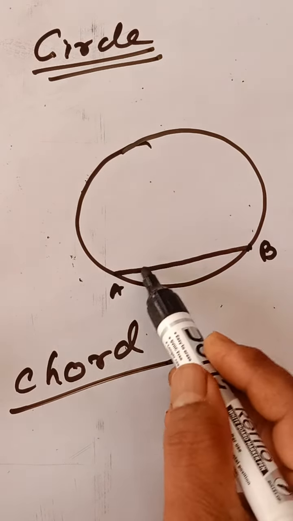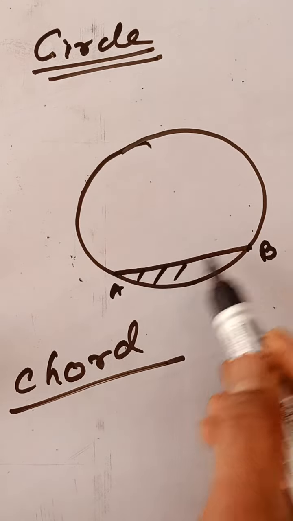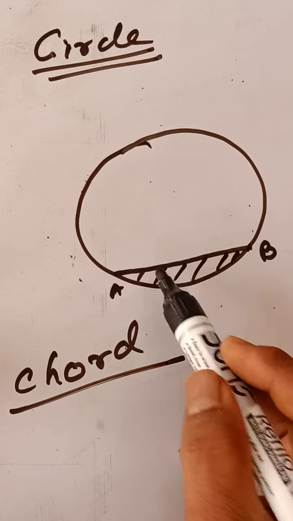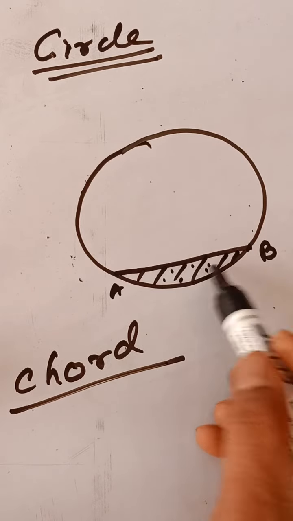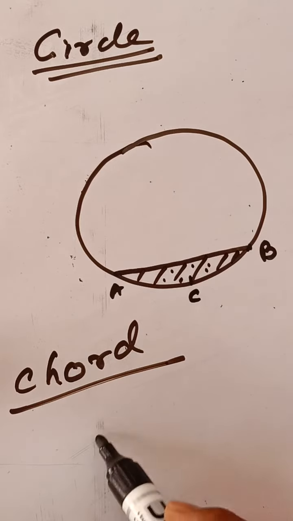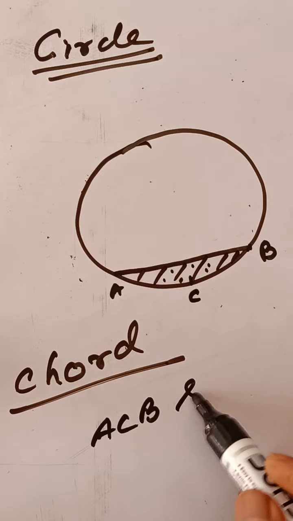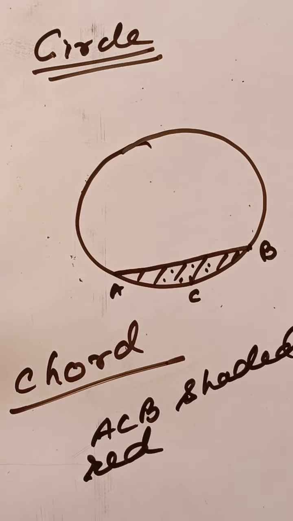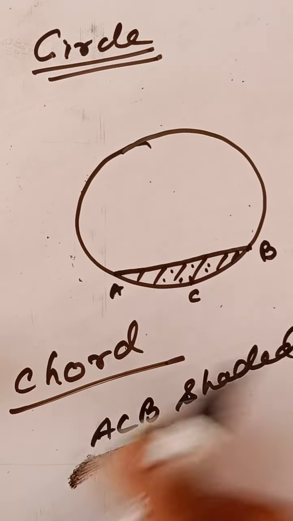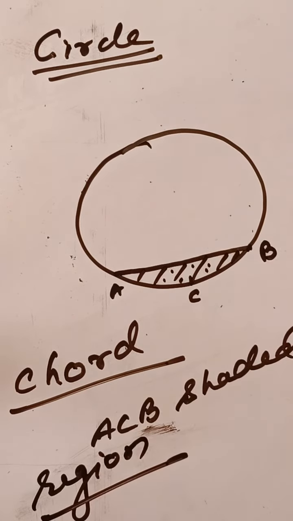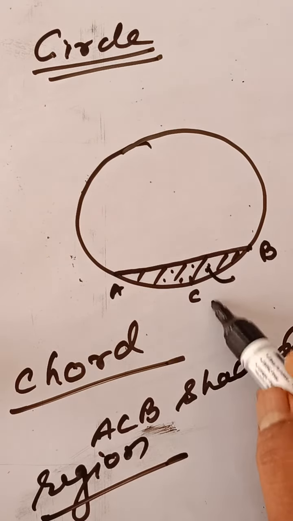Here, if we shade this region, this is called segment. Here it is minor segment. This region, ACB shaded region, is the minor segment.